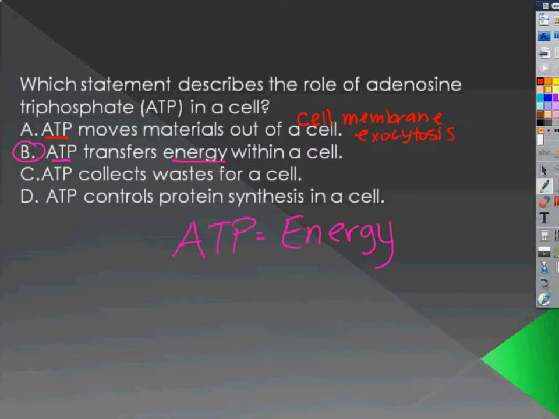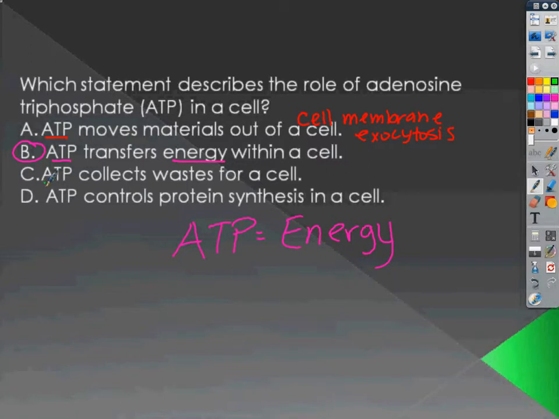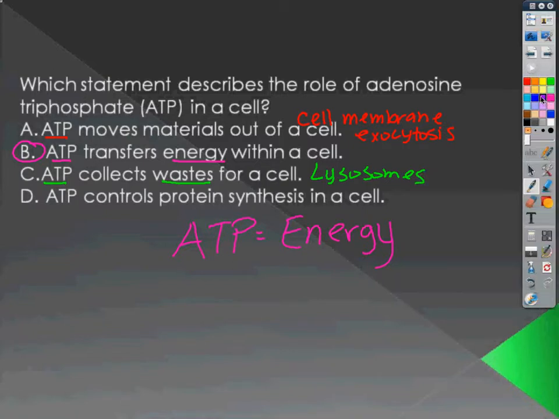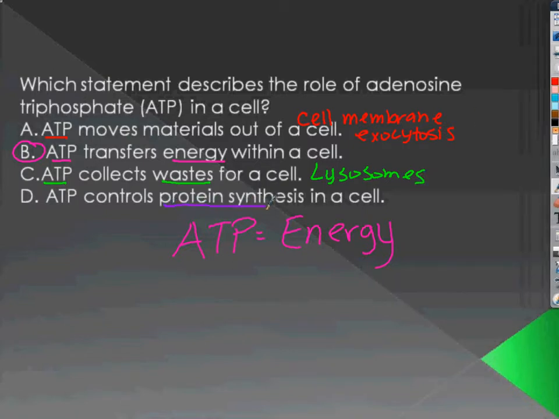Then we had ATP collects waste for the cell. ATP does not deal with waste. Lysosomes deal with waste products. ATP controls protein synthesis within the cell. Well, protein synthesis, that's the ribosomes.